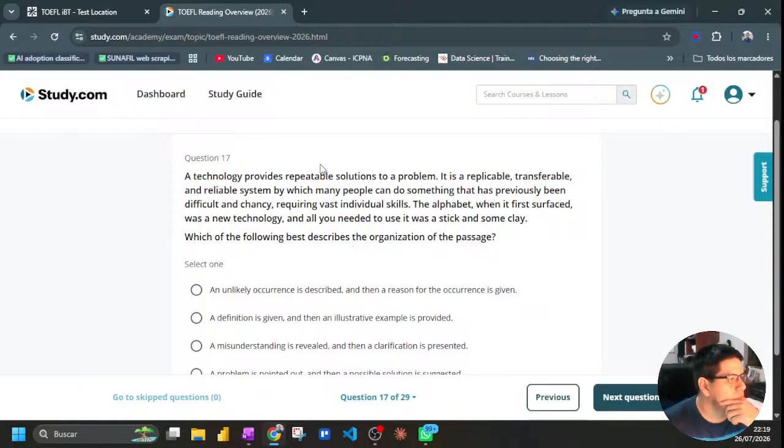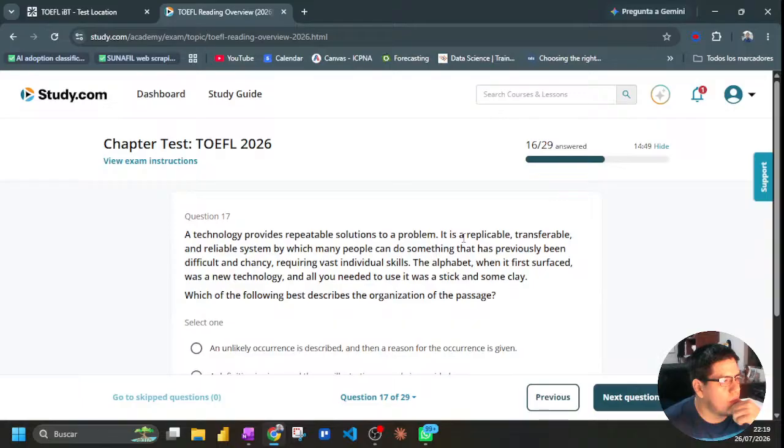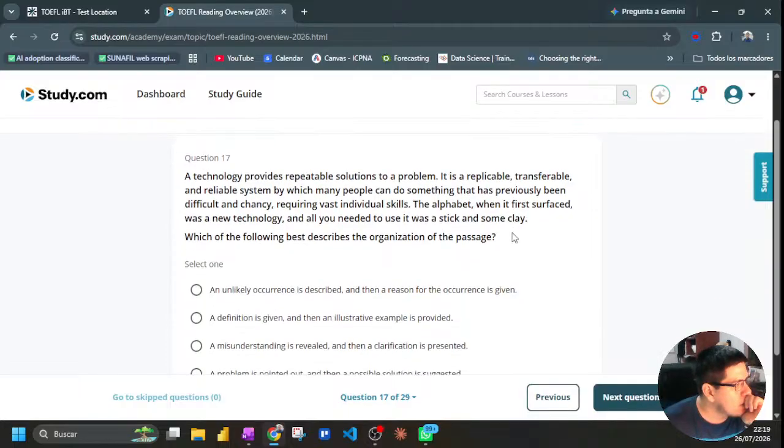A technology provides repeatable solutions to a problem.